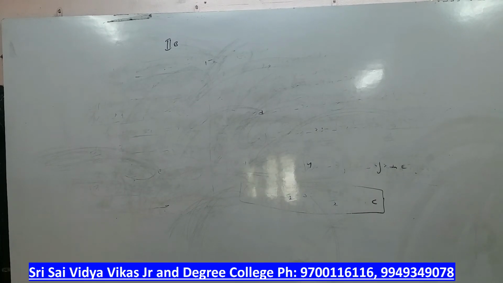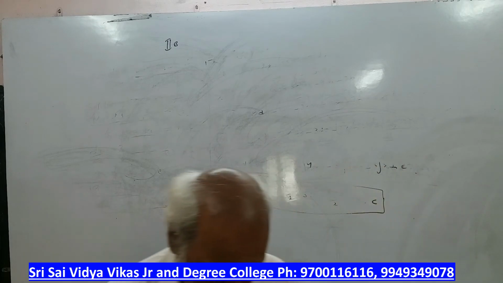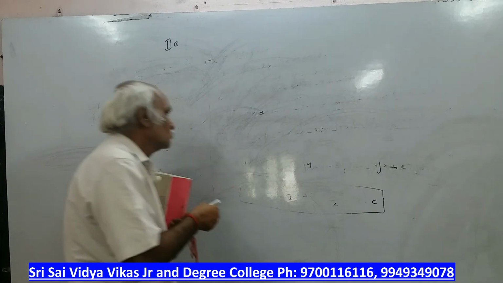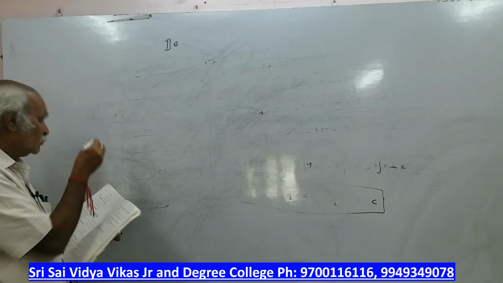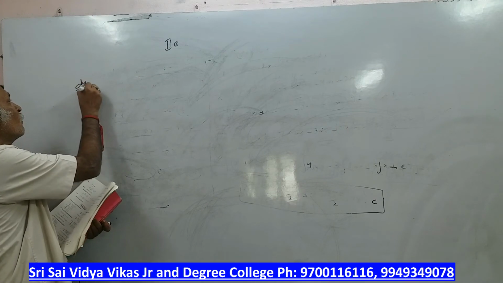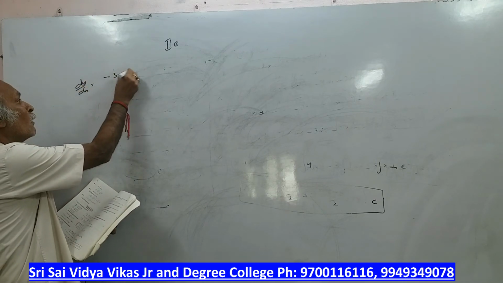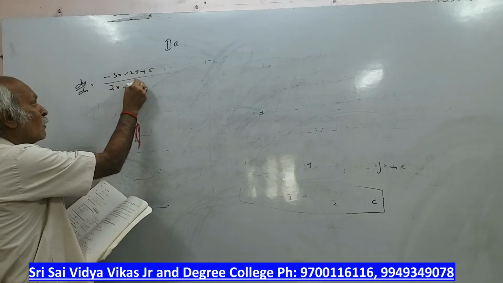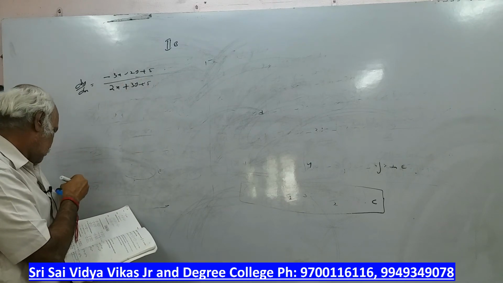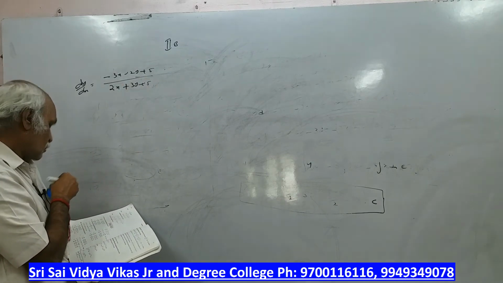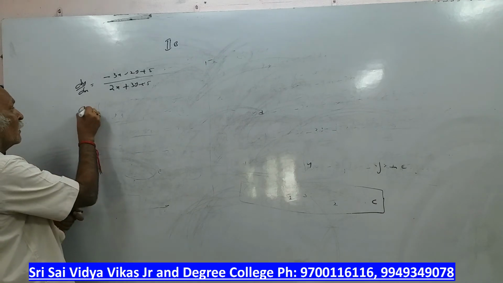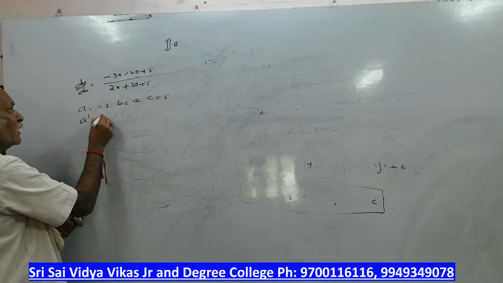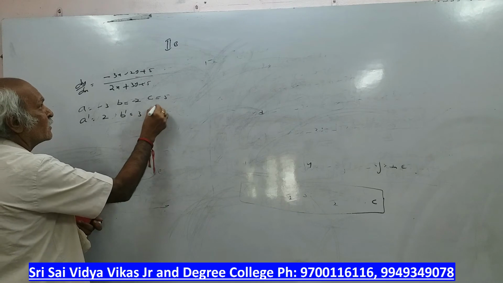Next problem. Again a is minus 3, b is minus 2, c is equal to 5. What is a dash? 2, b dash 3, c dash 5.